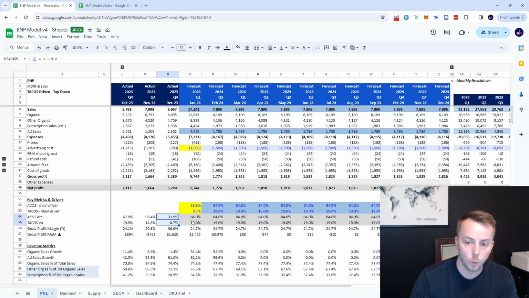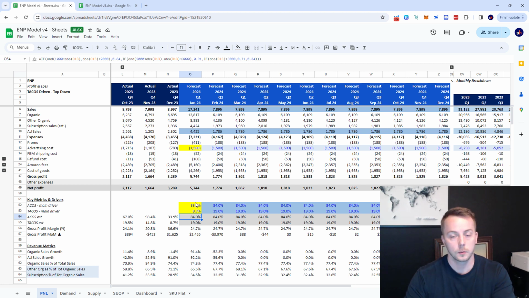But what we would expect, given historical data, those metrics to actually look like would be 84% ACoS or 19% TACoS, which basically means historically, when you've spent this much money, this is the outcome in terms of your efficiency and what that might look like.